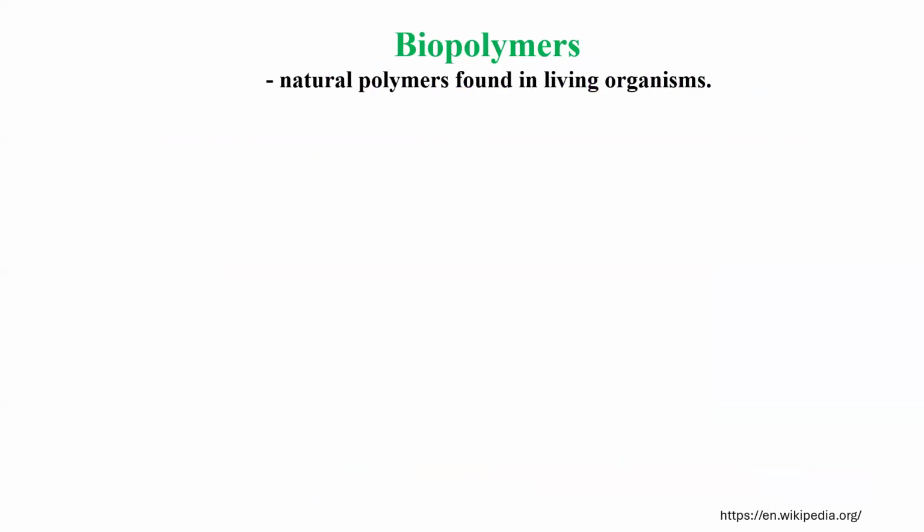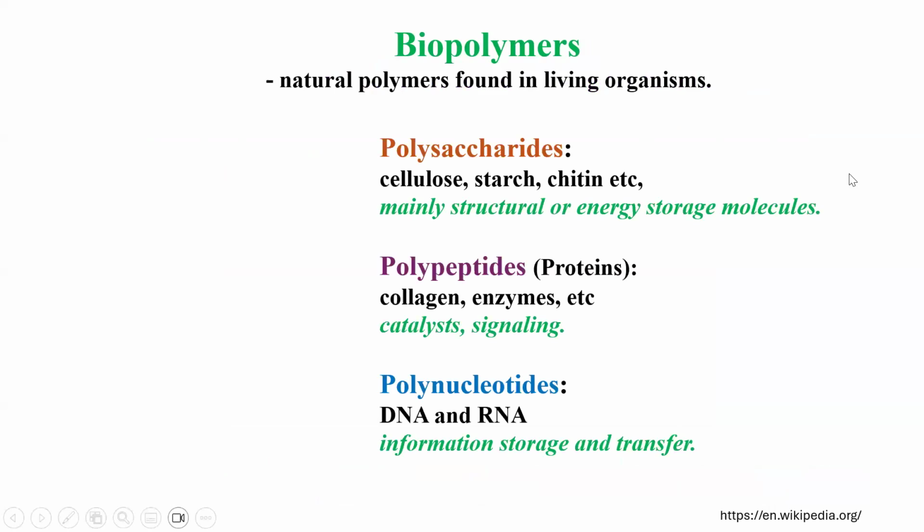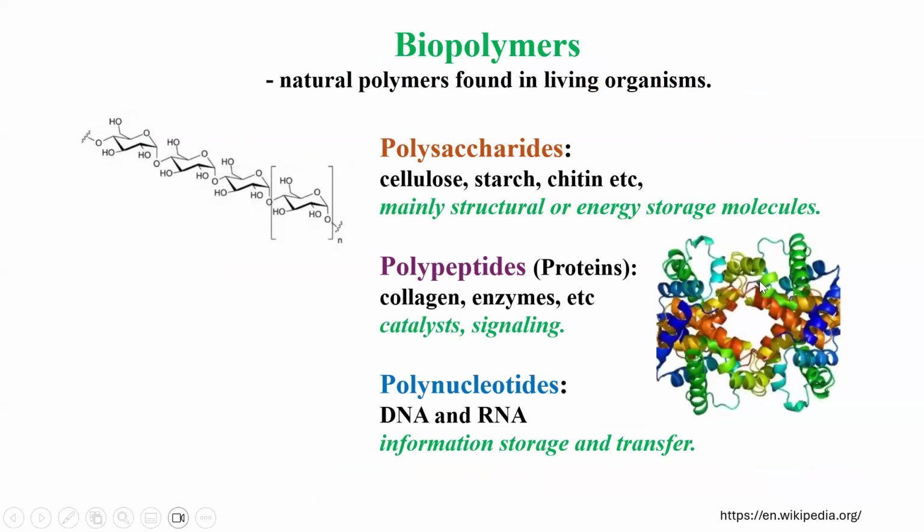So biopolymers, natural polymers, are found in living organisms, and as I mentioned, polysaccharides are one example of them. Like cellulose, starch, chitin, and they are mainly structural and energy storage molecules.